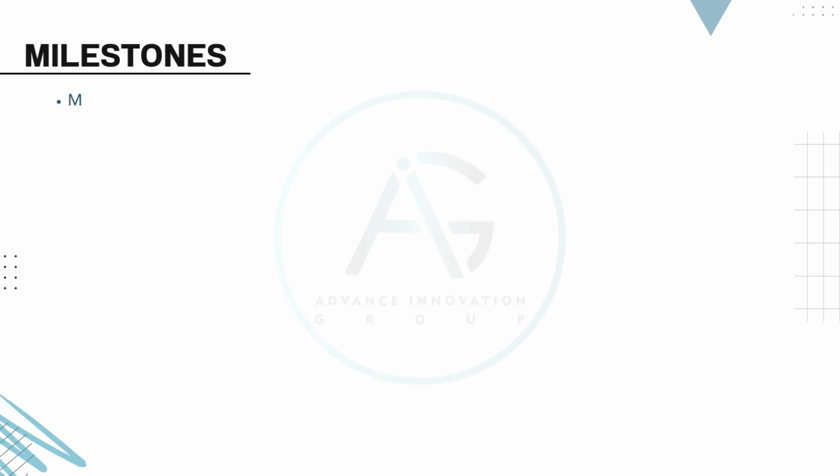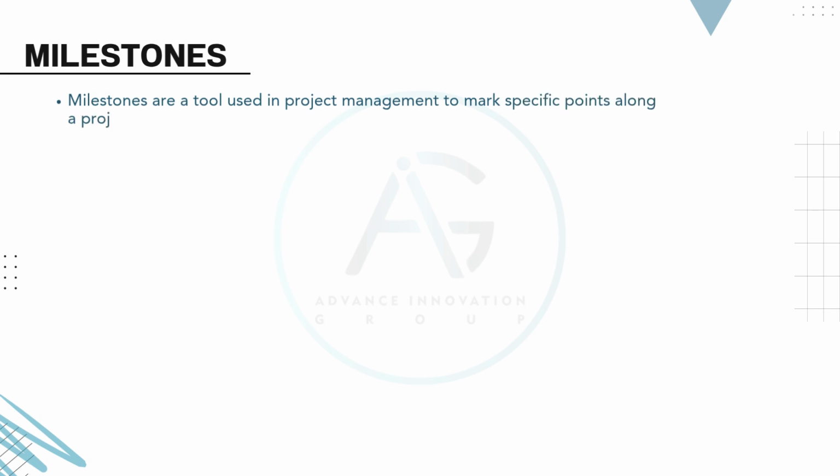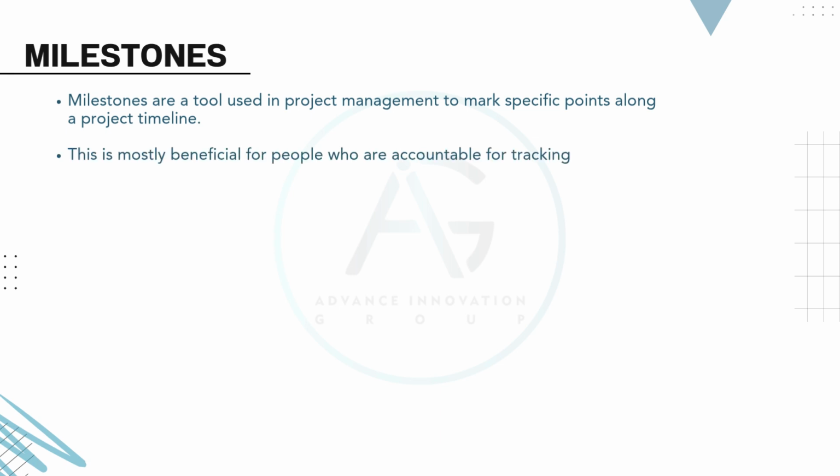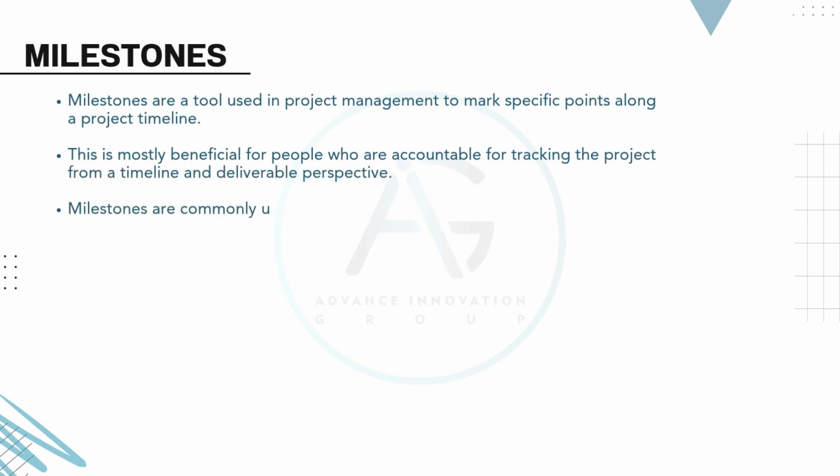Project milestones. Milestones are a tool used in project management to mark specific points along a project timeline. This is mostly beneficial for people who are accountable for tracking the project from a timeline and deliverable perspective. Milestones are commonly used for project monitoring purposes.